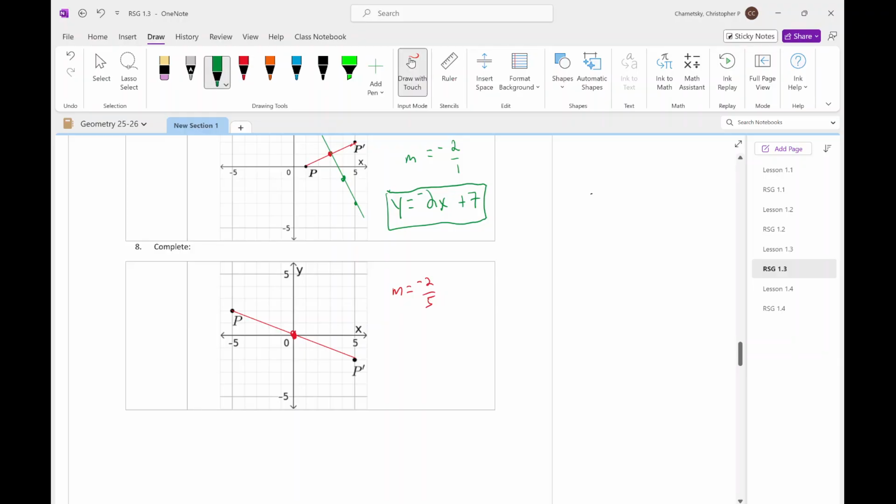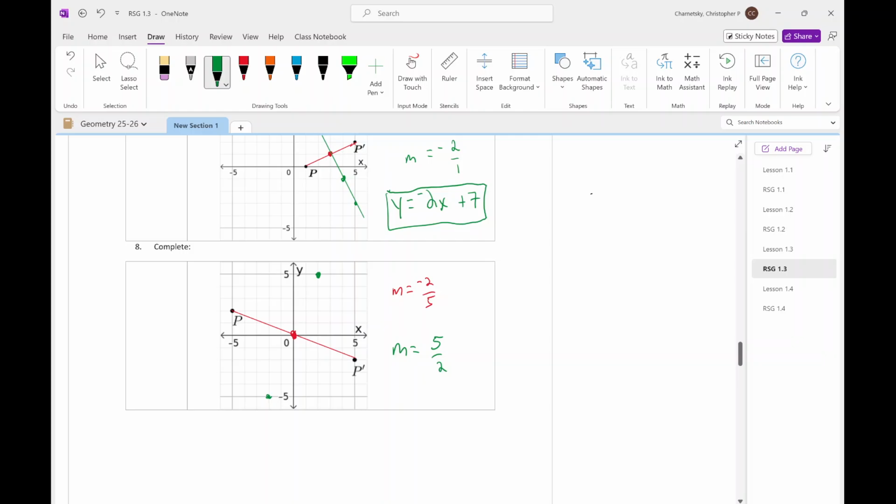Our perpendicular line for our line of reflection, we're going to flip that and change this line, so it's going to be going up 5 over 2, and that's going to be going through our midpoint here. So we're going to go up 5 over 2. There's 1 point, and then I can backtrack that the other direction by going left 2, down 5.